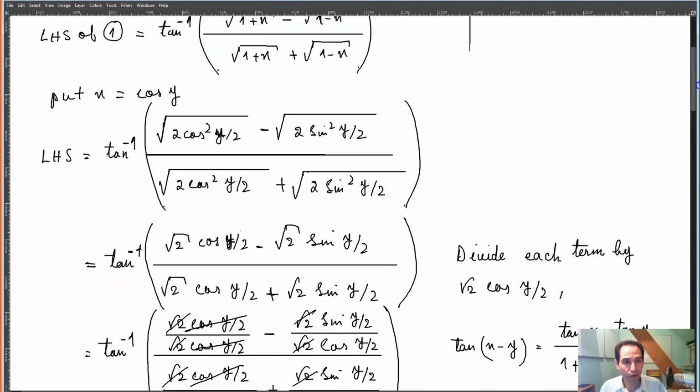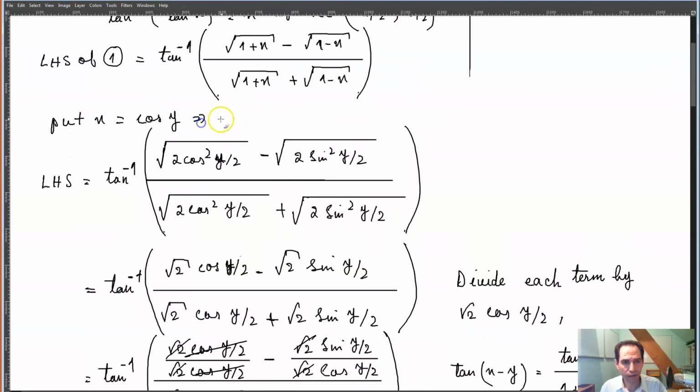Now over here, y is equal to the cos inverse of x, and therefore y divided by 2 is equal to 1/2 times cos inverse of x.